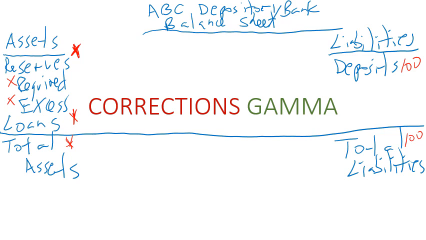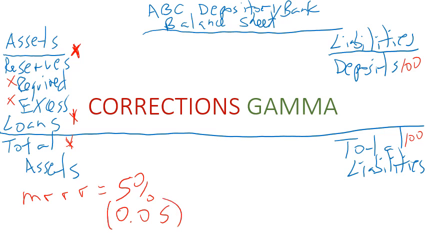And I think what we said was that the central bank was in charge of setting up the minimum reserve requirement ratio, decided on 5%, or more precisely 0.05, and not 0.5. 0.5 would be 50%. Here we're talking about 5%.